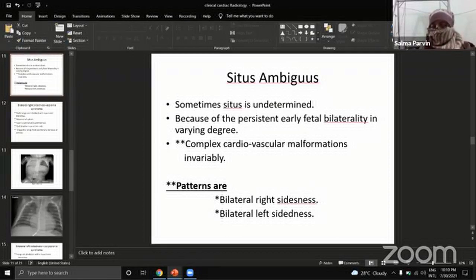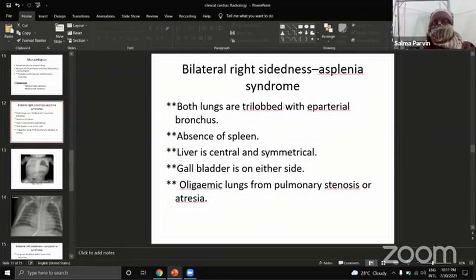If the two bronchi have a similar length, or the ratio is reduced to 1.5 or 1, then there is a suspicion of situs abnormality of bilateral right-sidedness or left-sidedness. I don't know whether you have come to understand or not. You can text me so that I can try to make you understand.